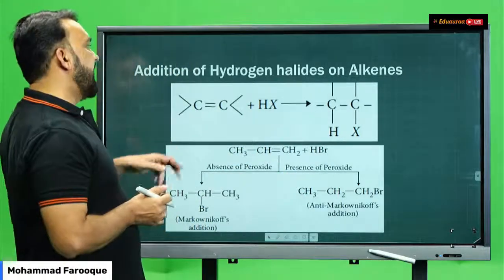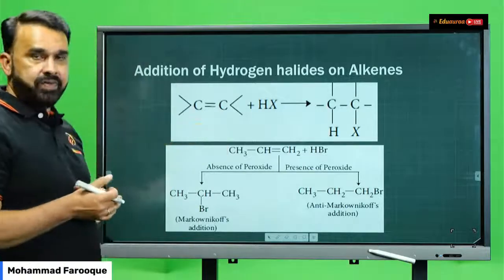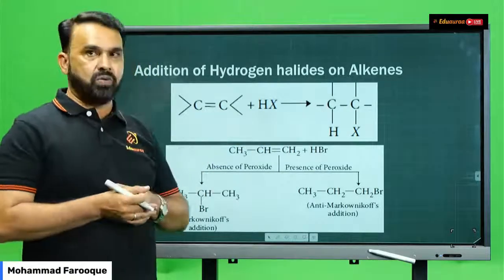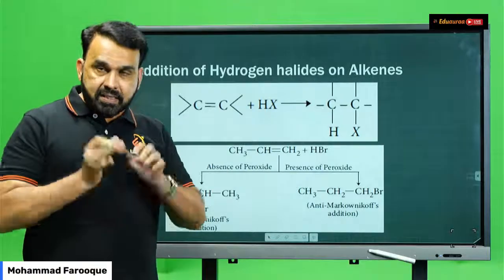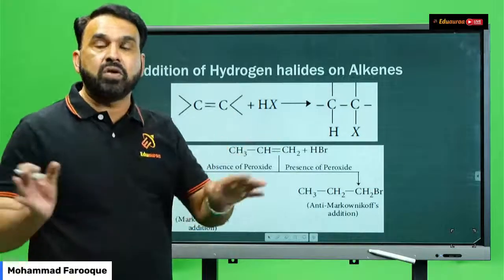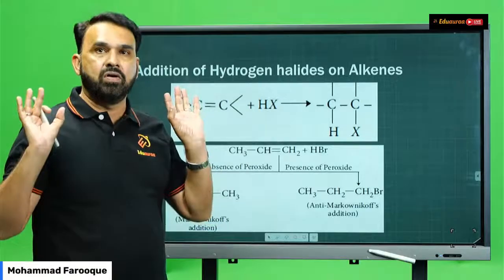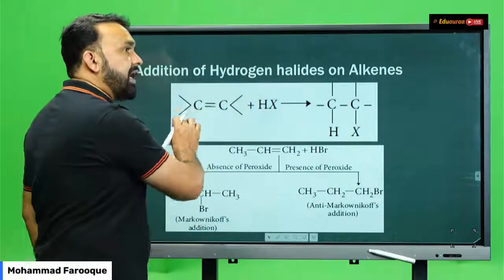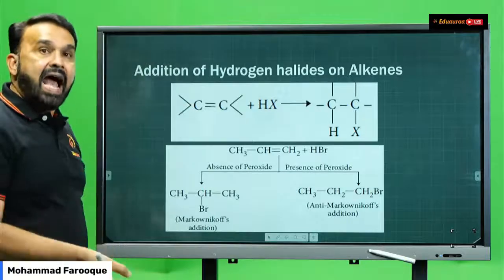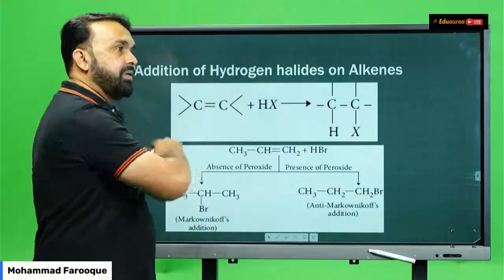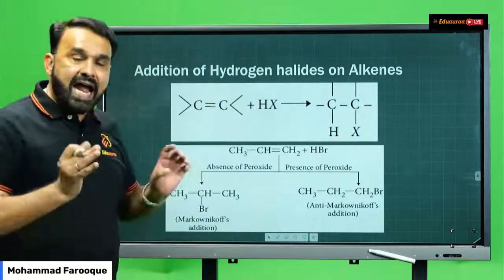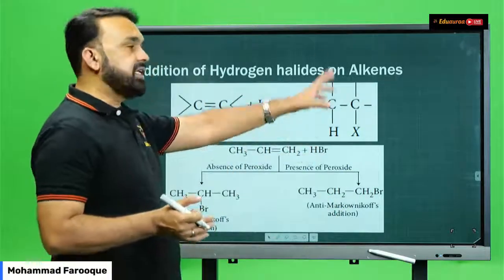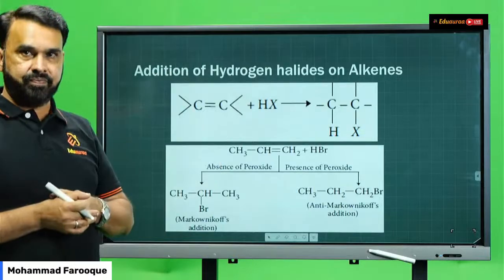Now here we see that a symmetrical alkene, when treated with an HX molecule, follows no rule of addition. What happens is hydrogen will get added to one carbon carrying the double bond, and halogen will get added to the other carbon carrying the double bond. That means addition will take place, the double bond will become a single bond, and you'll get the formation of alkyl halides.